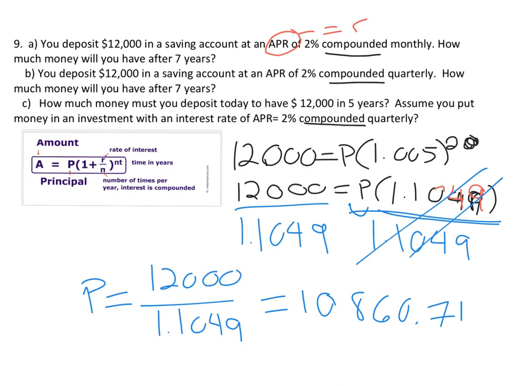I shouldn't have less money in the future. So I need to put in less than $12,000 now. It's less than $12,000, but it's also not just ridiculously low. $4 is not going to grow into $12,000 in 5 years. But this is a nice, reasonable answer. It's a little more than 1,000 less.